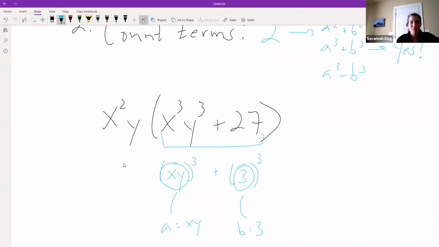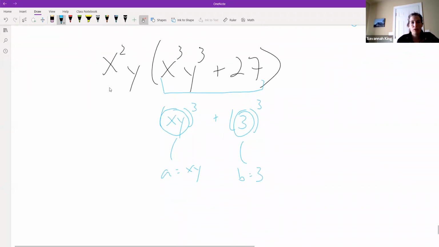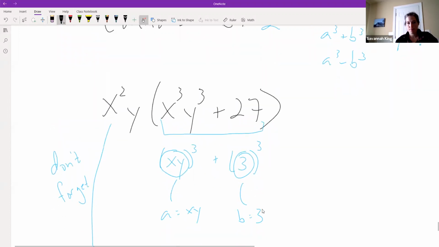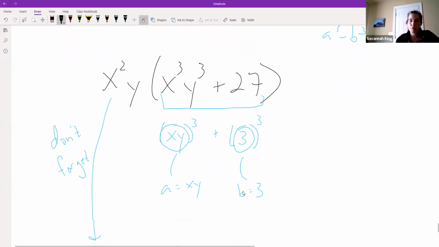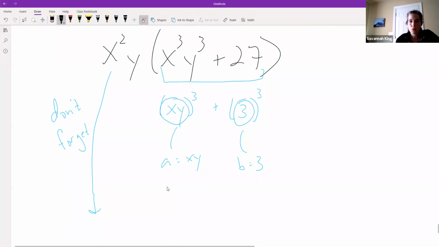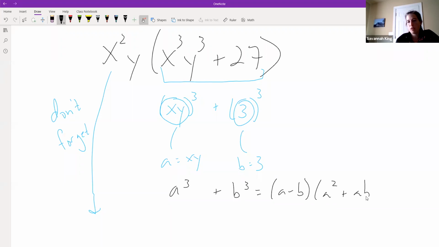All right, and then for my benefit, I'm going to say, don't forget that GCF, because I totally forgot that GCF last time. All right, so the formula, let me think, what's the best way to do this? A cubed plus b cubed is a plus b times a squared minus ab plus b squared.